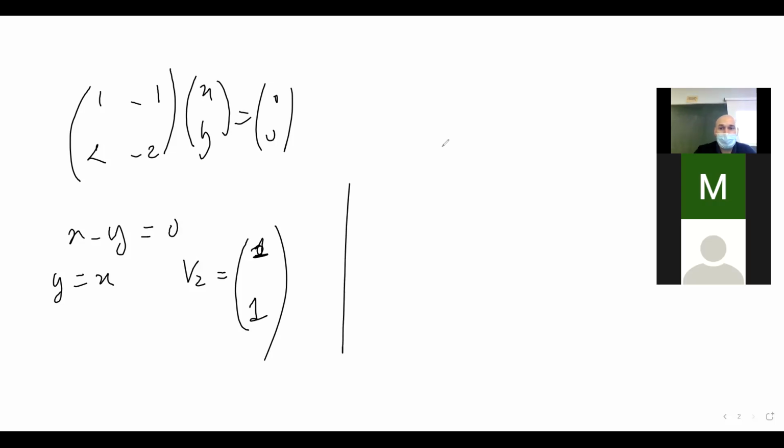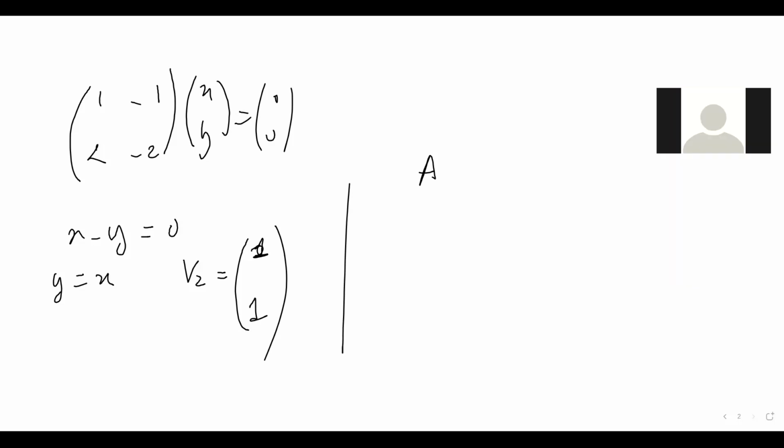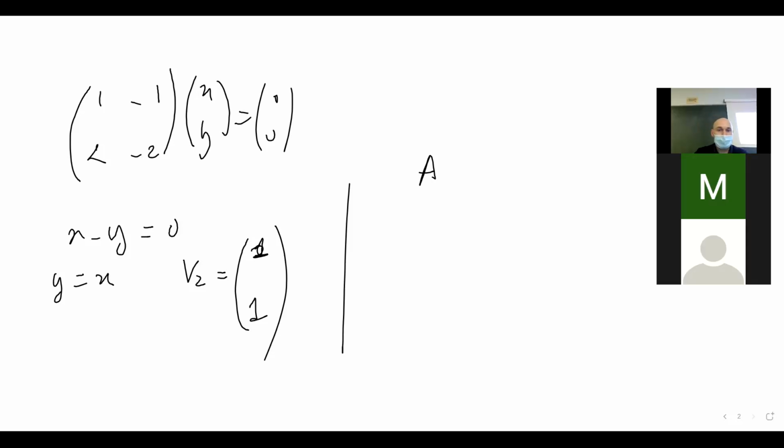When I look for an eigenvector associated with my matrix A and the eigenvalue 0, I'm looking for stationary solutions.